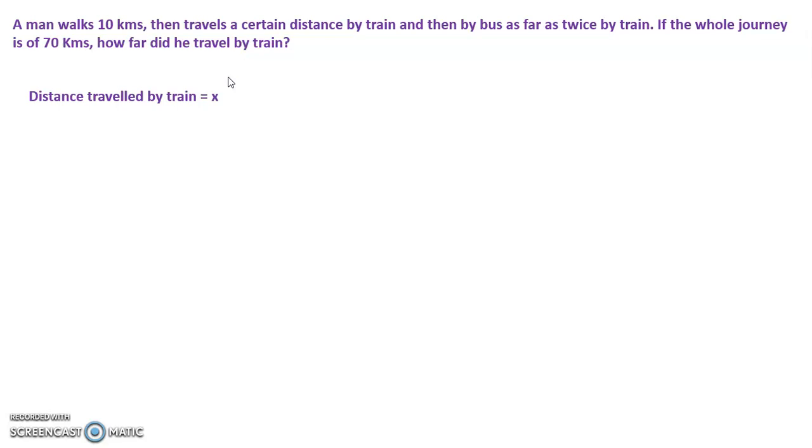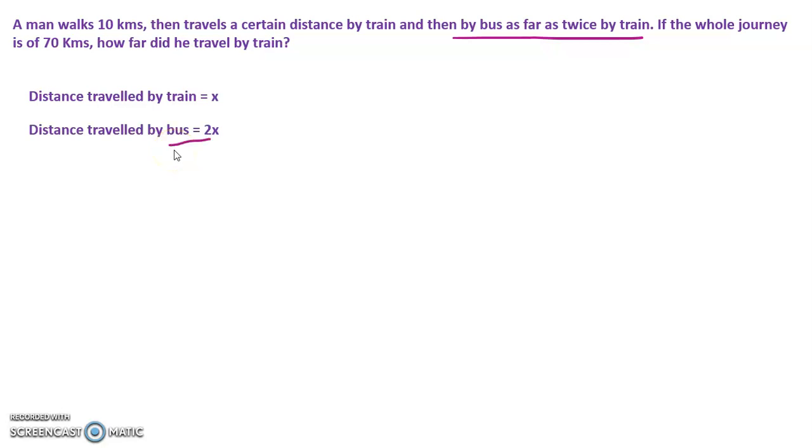Okay. Then by bus, he traveled by bus as far as twice by train. That means if the distance traveled by train is x, then the distance traveled by bus is as far as twice by train, means 2x.